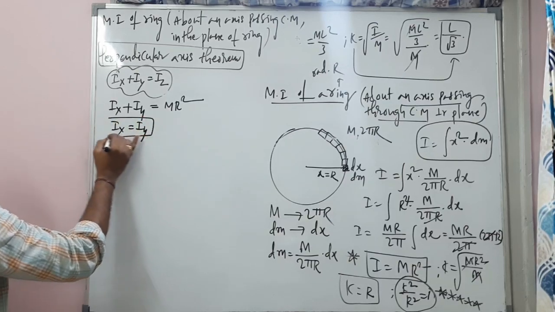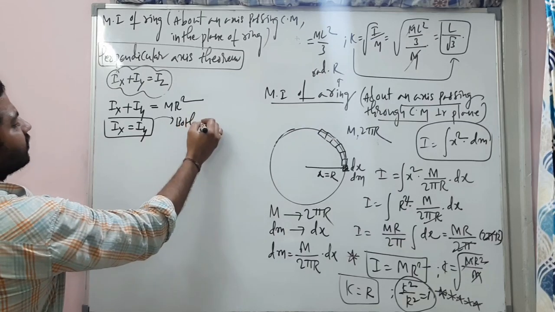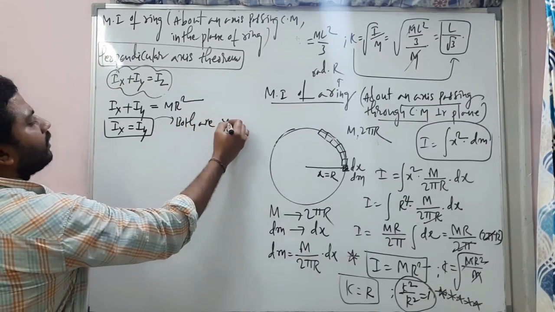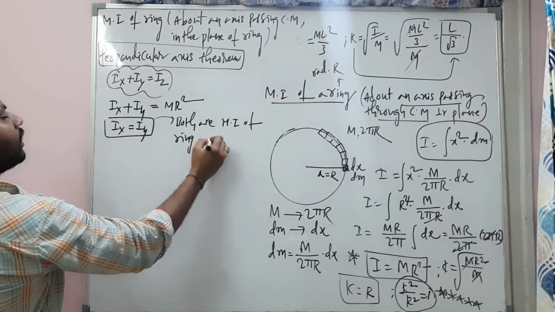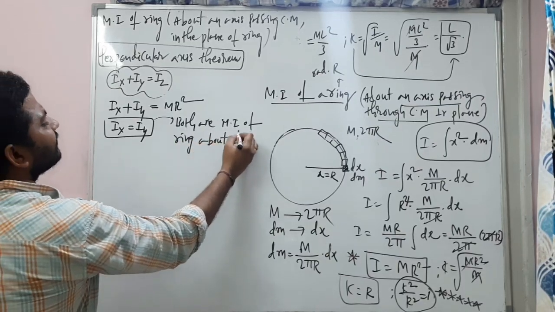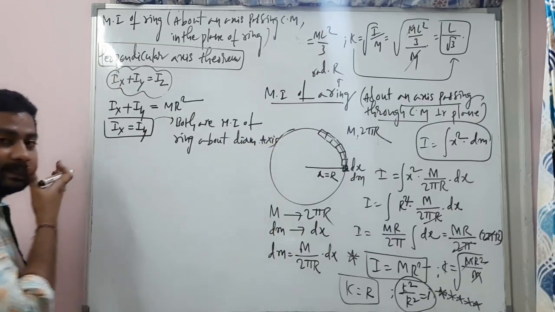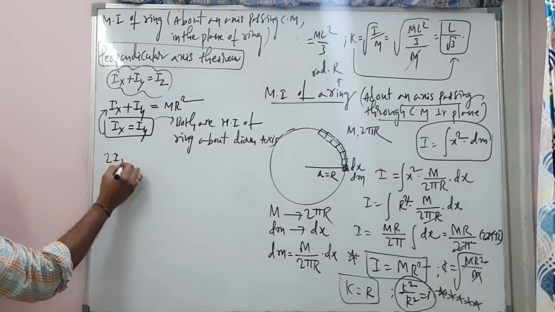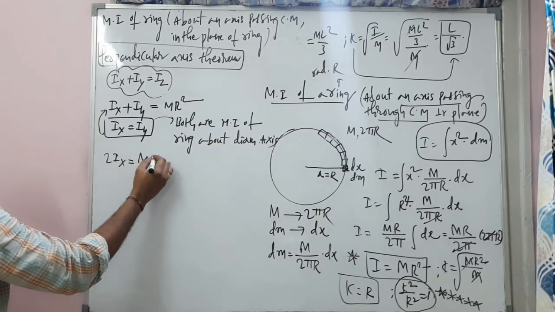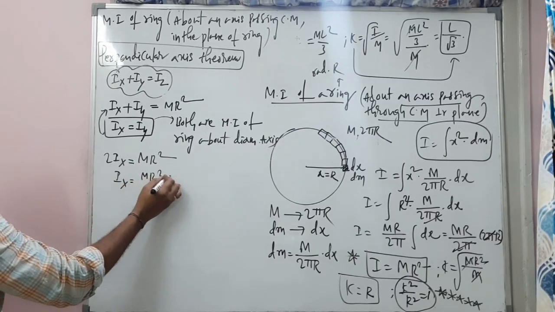Why? Both are moment of inertia of the ring about a diametric axis. Now substitute this. So Ix plus Ix, 2Ix is equal to MR square. So Ix is equal to MR square by 2.